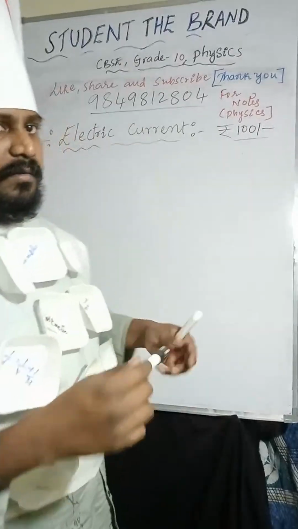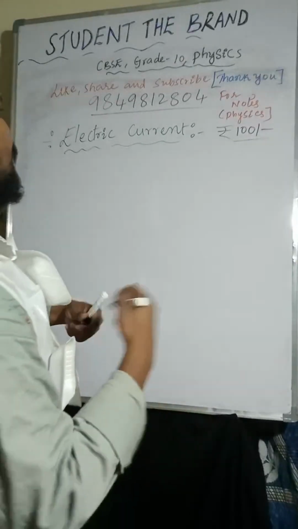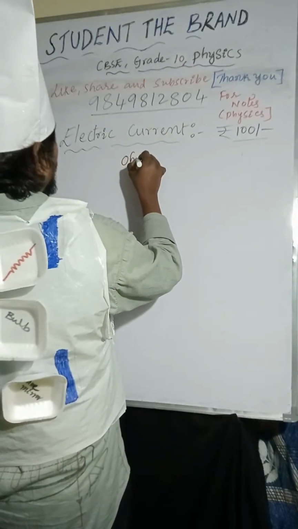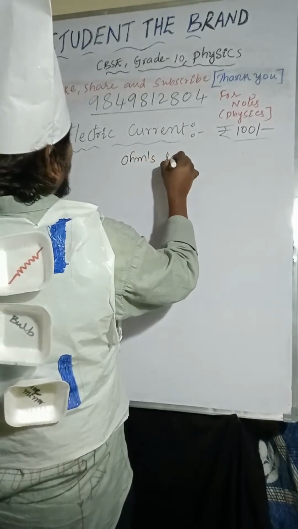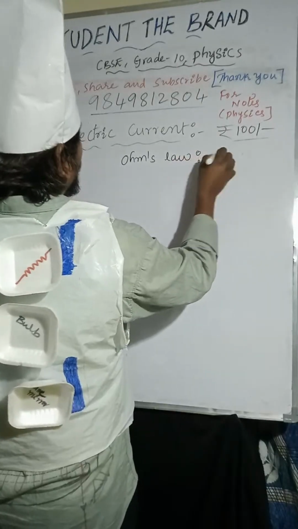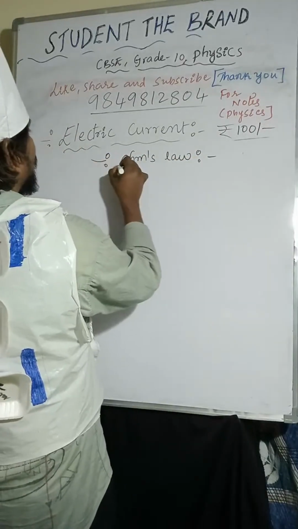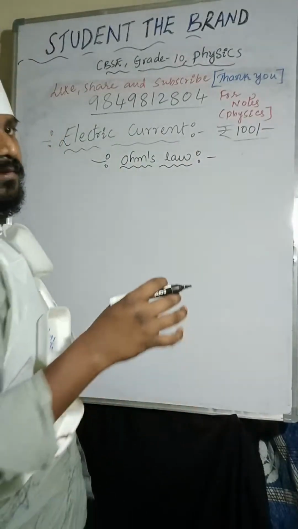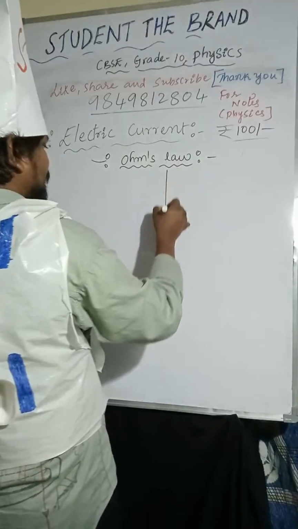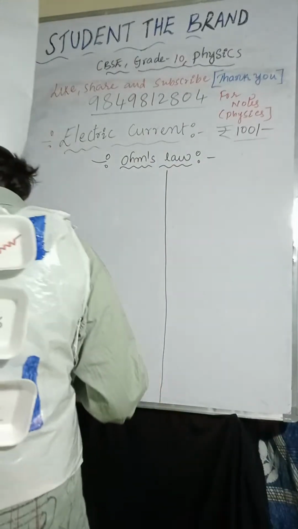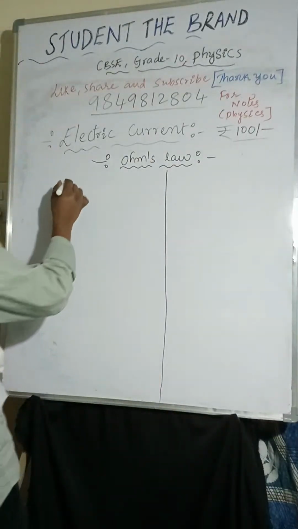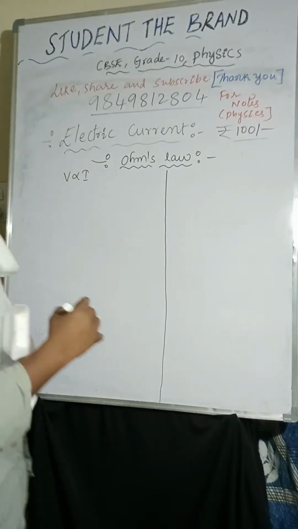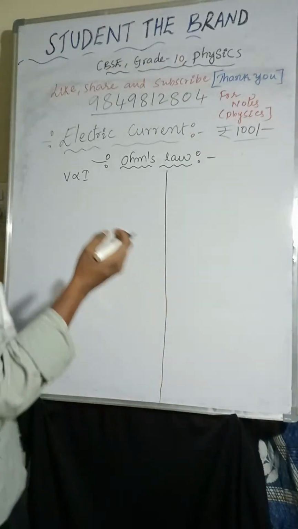So now we will discuss Ohm's law. Ohm's law is nothing but the potential difference across the ends of the given metallic conductor.